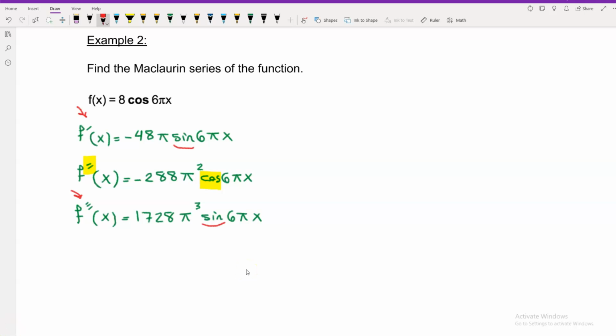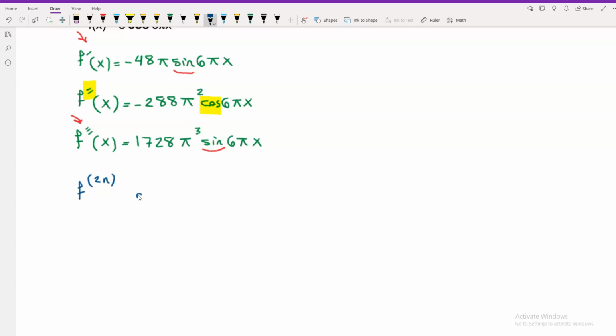So we want to find the pattern. So we're going to work based on even and odd derivatives, so find two separate formulas, one for even derivatives and one for odd derivatives.